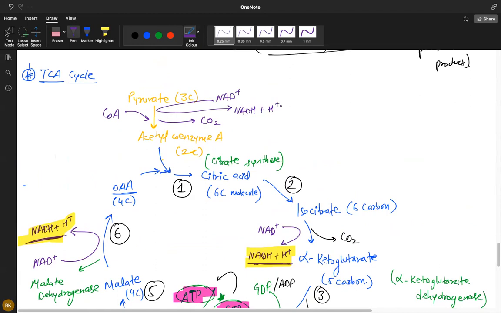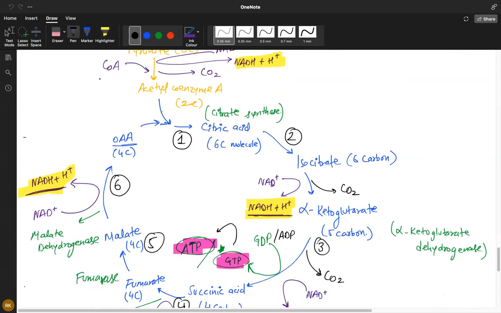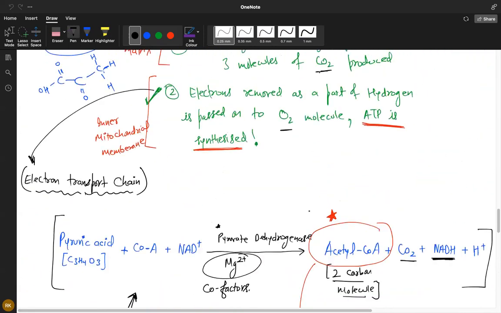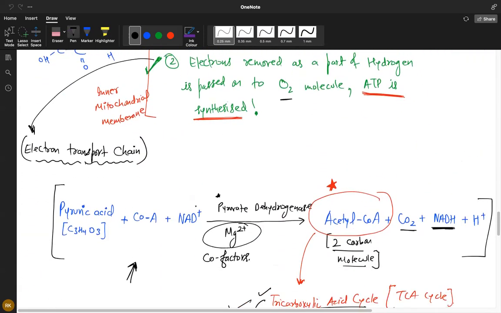So you can finally realize that lots of hydrogen is taken from pyruvate throughout this cycle, and CO2 is also taken out at 3 places. This is what the reaction that we wrote was.